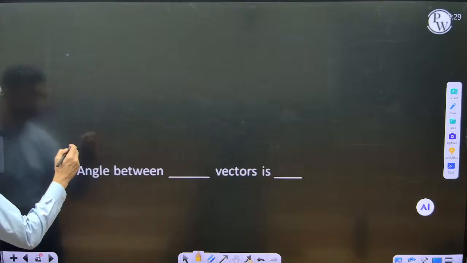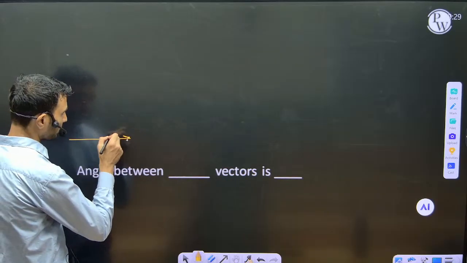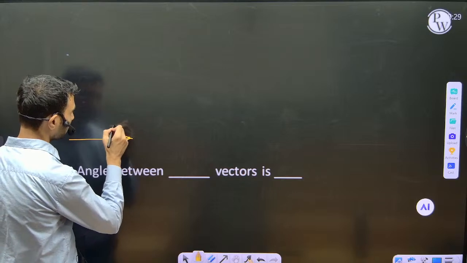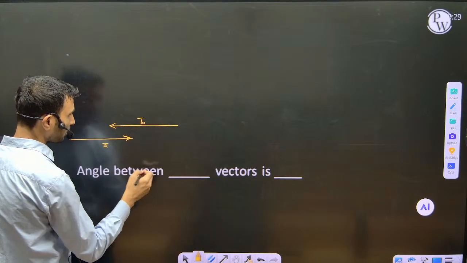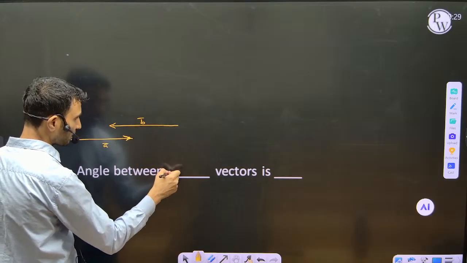Then we have this vector and this vector. The angle between them, they are anti-parallel vectors, right?